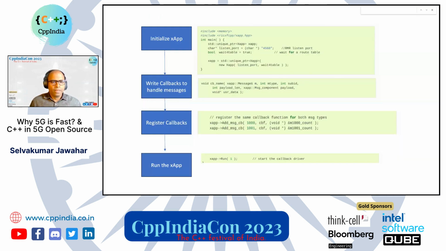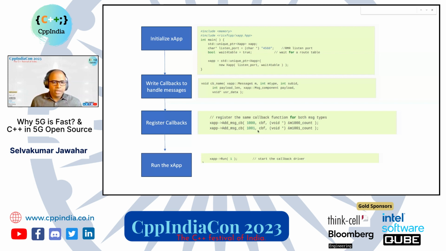So yes, a talk is not complete without a code. So this is a simple C++ XApp. It's very simple to do. You create an XApp, you create a callback. This is the callback signature.